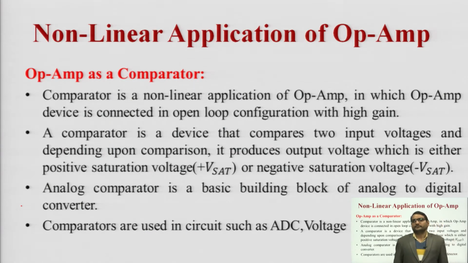What is the comparator? A comparator in analog electronics is basically a non-linear application of op-amp which can be used for comparison of two input signals, and according to this comparison it gives the output either plus Vsat or minus Vsat when we design a comparator with the operational amplifier.